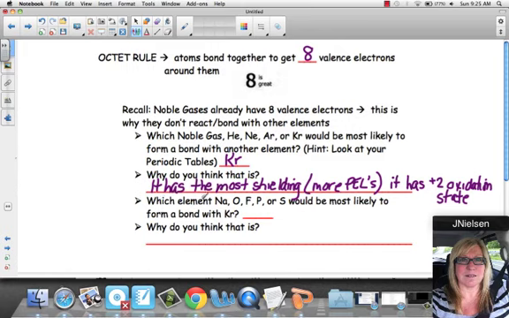So when we look at these 5 elements, Na, O, F, P, or S, what would be the most likely to form a bond with krypton? Well, what you want to look at is, remember, electronegativity is attraction for electrons in a bond. So which one of these is going to have the highest electronegativity? And that's going to be fluorine, because I told you that fluorine was the bully of the periodic table.